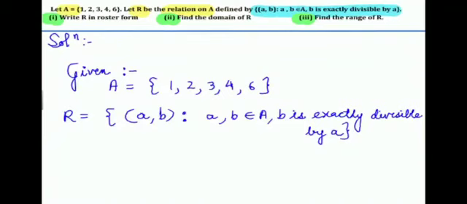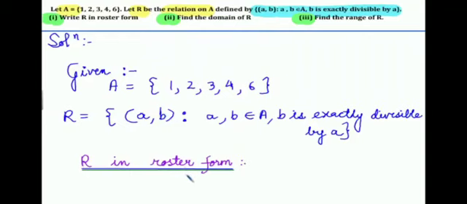That is, your relation is a with b, where you have to take both a and b from A, and b is exactly divisible by a.